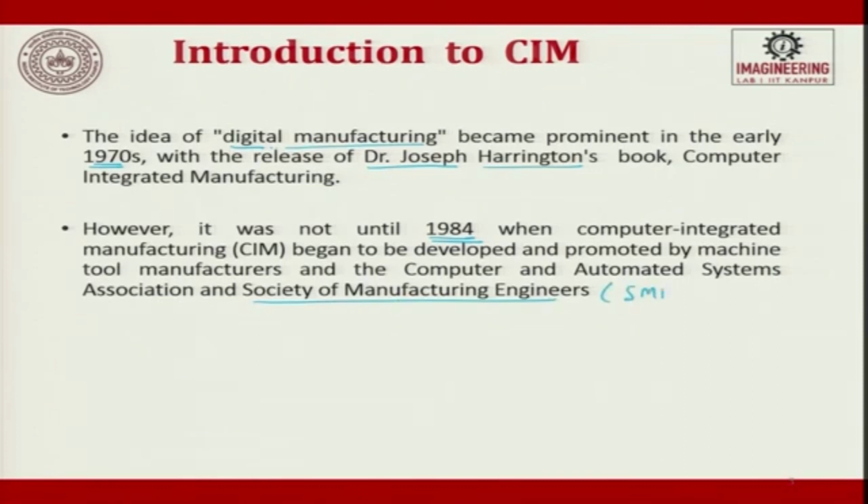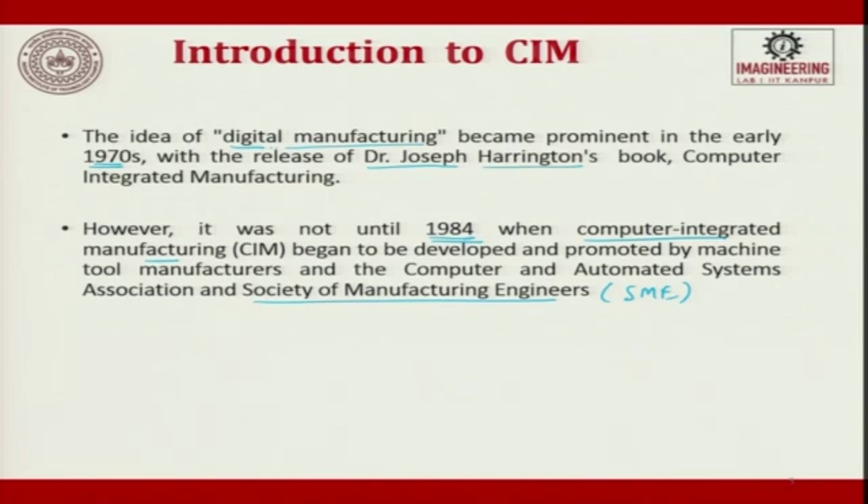So, this is nothing but SME. All these societies joined hands in 1984 and thought, why do not we start a new era on computer integrated manufacturing. A thought process of 1970 came into existence at least in books in 1984, and from then on started growing.